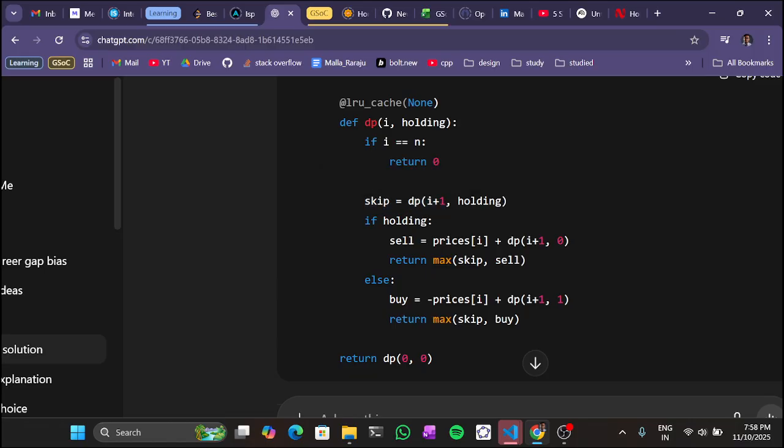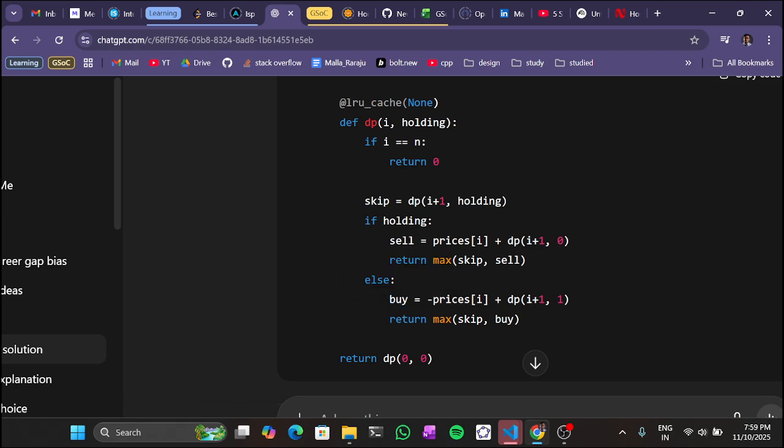Okay, what we are doing here is very clear, guys. We can sell or skip, we can buy or skip. And when can we sell? If we are holding something, then only we can sell. If we are holding nothing, then only we can buy.